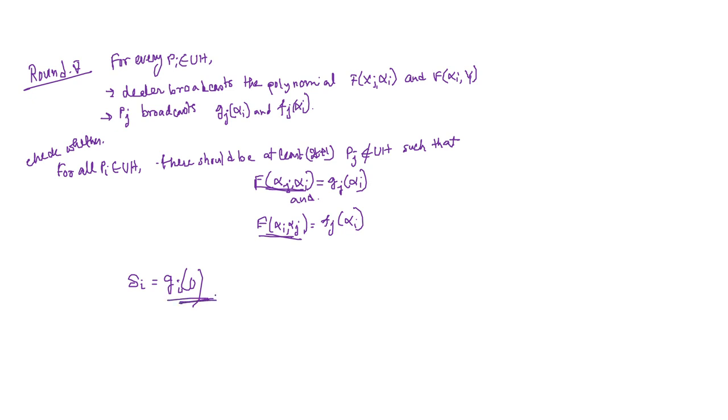So this Gi was obtained by Pi in round 1 from the dealer, and if Pi was in the unhappy set, then you consider the polynomial received from the dealer in round 5. So in that case your Si will be f of alpha I comma j.